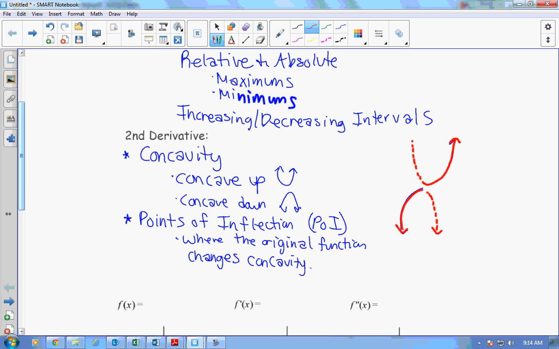Here to here, it's essentially concave up. And right here would be called the point of inflection. That's where it's changing concavity, because it was curving down and then it starts curving up. So that's what I mean by point of inflection, where the curve changes direction.